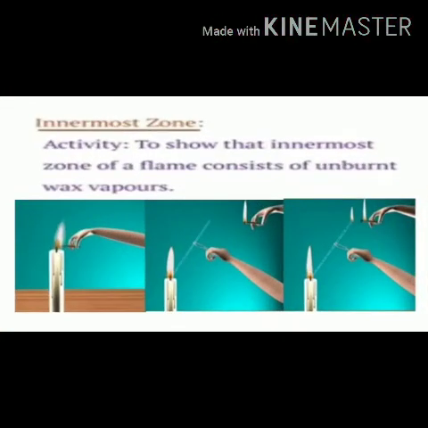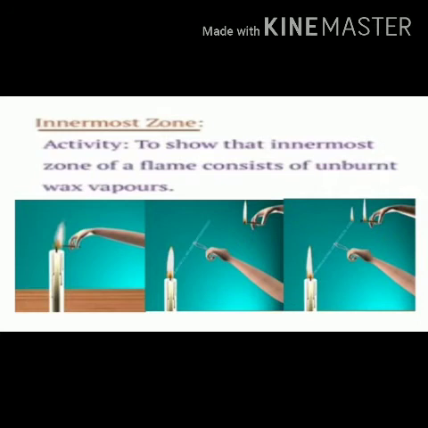Now we will deal with certain activities to get more clear with the concept of all these three zones of the flame. Our first activity is to show that the innermost zone of a candle flame consists of unburnt wax vapors. For this, take a wax candle, fix it on the table and light it with a matchstick.